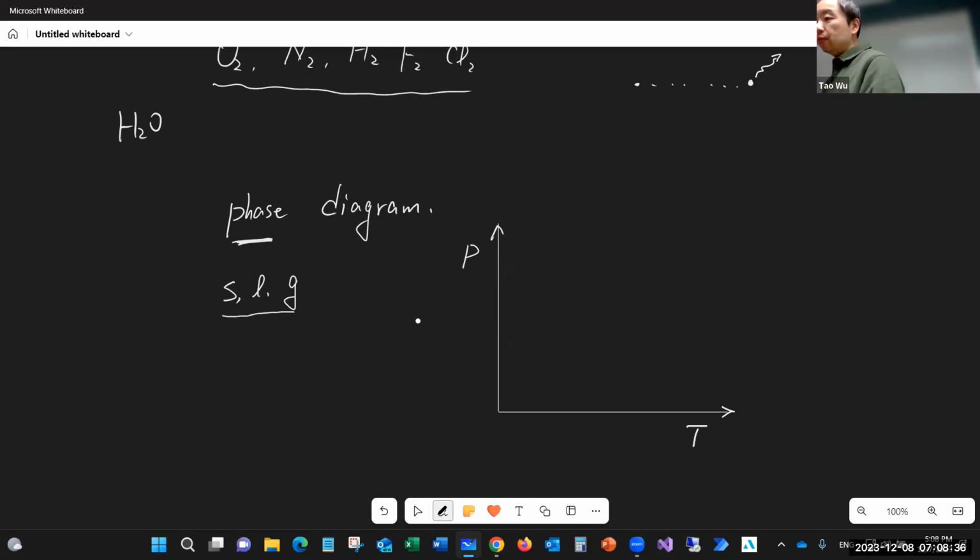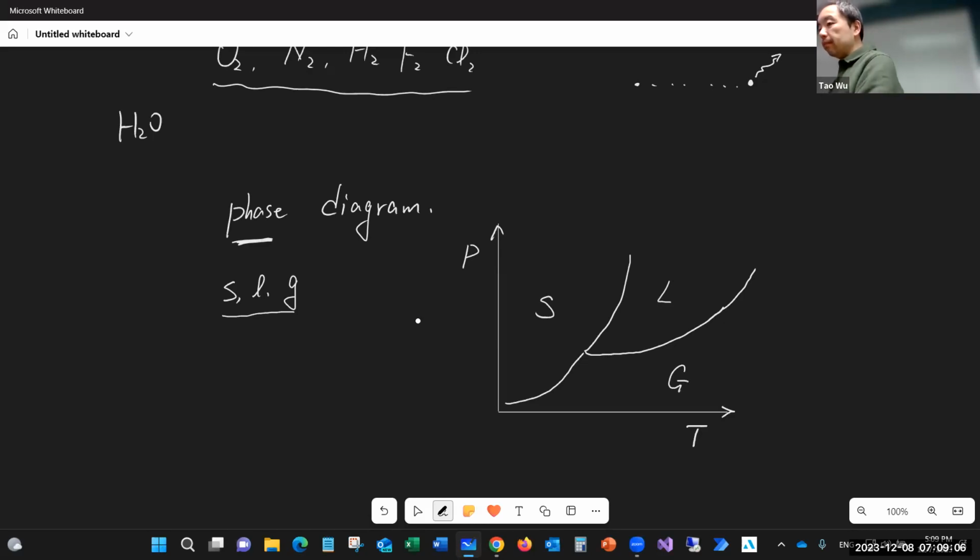Usually this is what the diagram looks like. On the left side is the solid phase, the right side is the gas phase, and liquid is right in the middle. The liquid is a really, really small part. So this area is liquid.